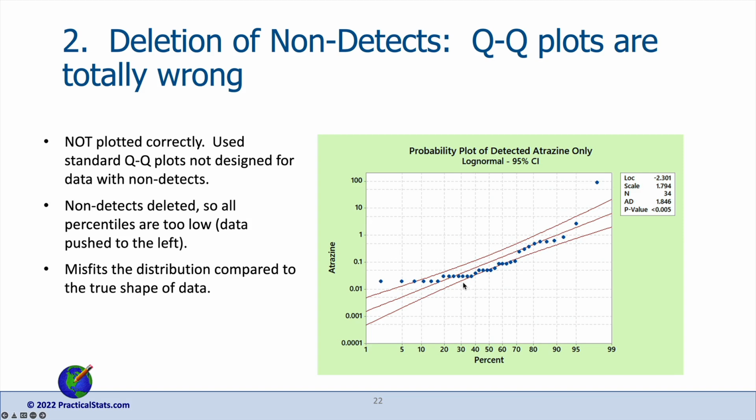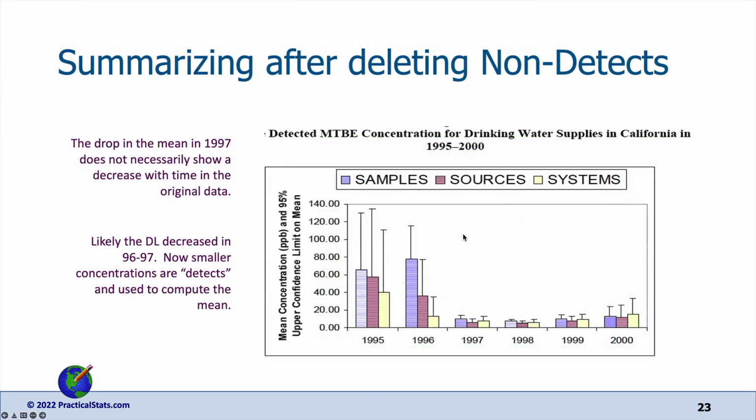There's a lot of information in the non-detects, specifically in the percent of the data set that are non-detects, and what that non-detect level is, what the detection limit is. So here's an example of a very poor analysis. This is plotting means with a bar graph. The purple area is the mean for samples in 1995, and then the mean for sources and the mean for systems.